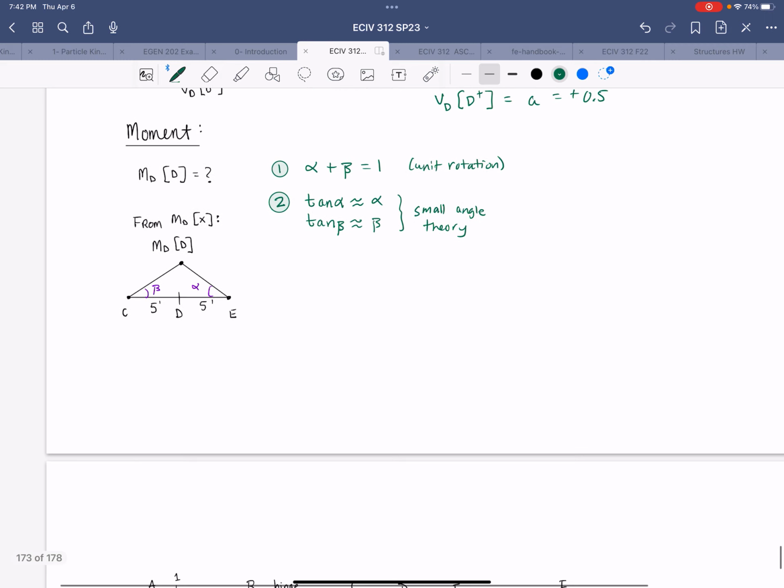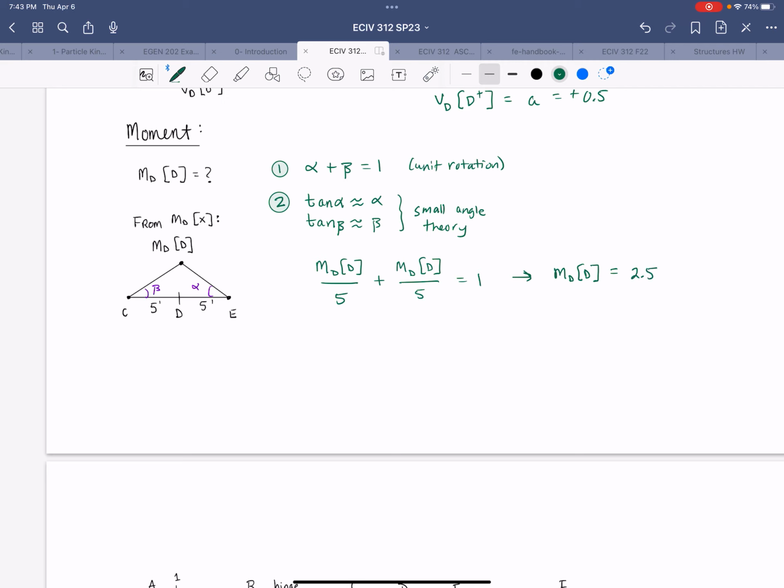So from those two equations, we write the moment at D, when the unit load is at D, divided by 5 for tangent of beta, or alpha in this case. They're the same. Plus the other side is equal to 1. And then solving, we'd get 2.5.